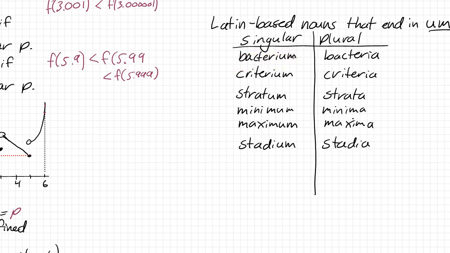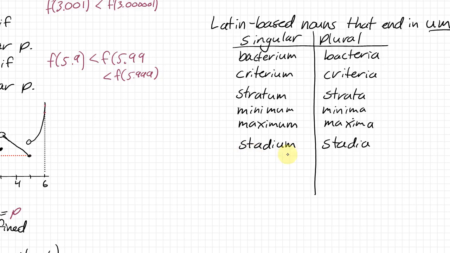And there are a lot of words like that: criteria is the plural of criterion. If you have more than one stratum, they are strata. And minimum and maximum are like that too. They're from Latin. So the official plural of minimum is minima, and of maximum is maxima, just like with bacteria. Now, that's getting kind of pedantic.